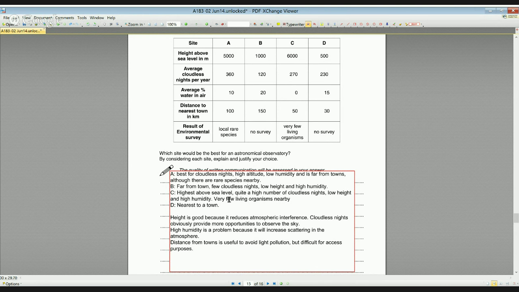And also desirable to minimize environmental impact on wildlife. We want to find the one that has the best balance of those. Now, there's no right or wrong answer here. It's about how you've evaluated it, but you should have a conclusion.